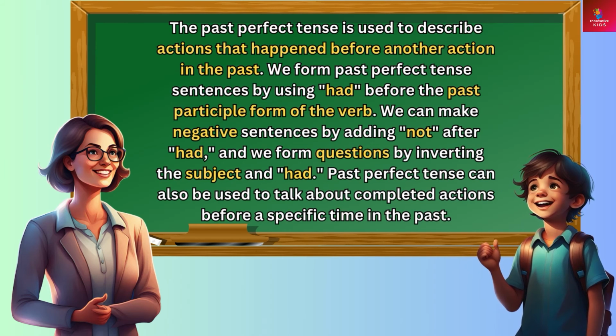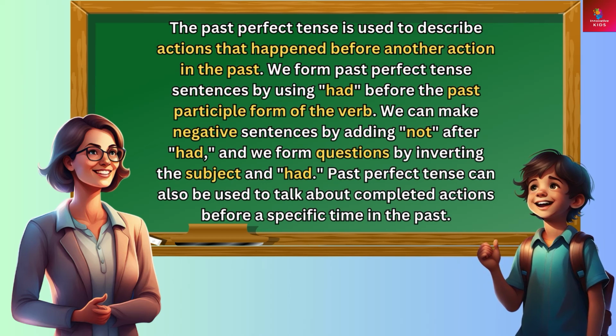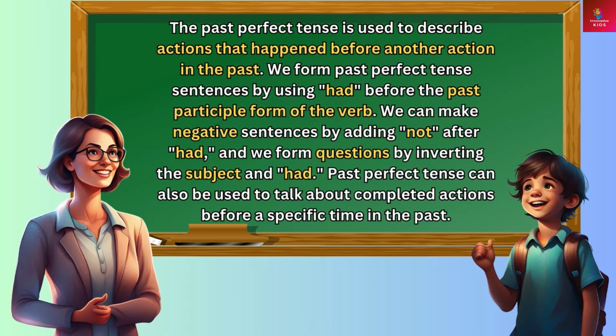We form past perfect tense sentences by using had before the past participle form of the verb. We can make negative sentences by adding not after had, and we form questions by inverting the subject and had. Past perfect tense can also be used to talk about completed actions before a specific time in the past.